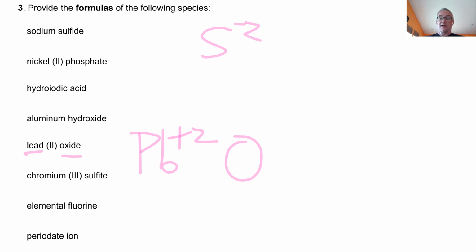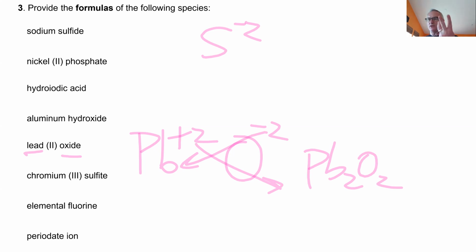Same thing. And so if I have lead with a +2 charge and oxygen with a -2 charge, what's my formula going to be? PbO. Yes. Now, if you crisscross this time, you would get Pb2O2. But you don't need 2 to balance the charge. You just need 1. So it's just PbO, lead oxide.